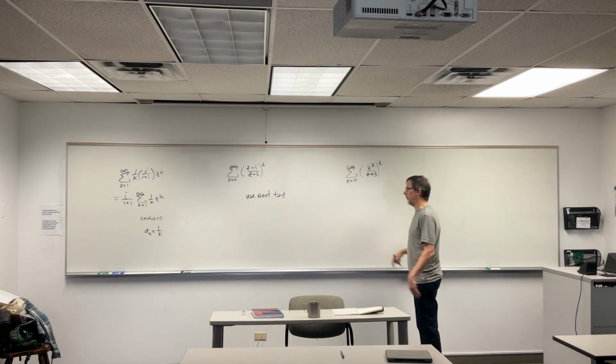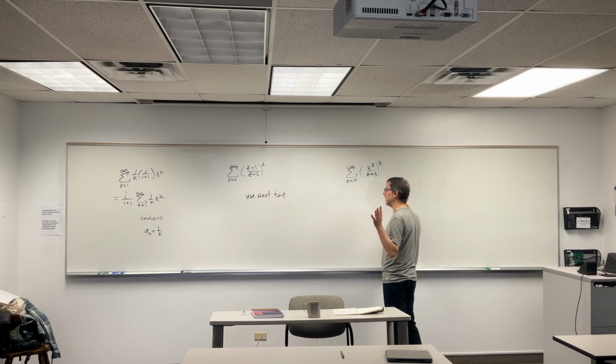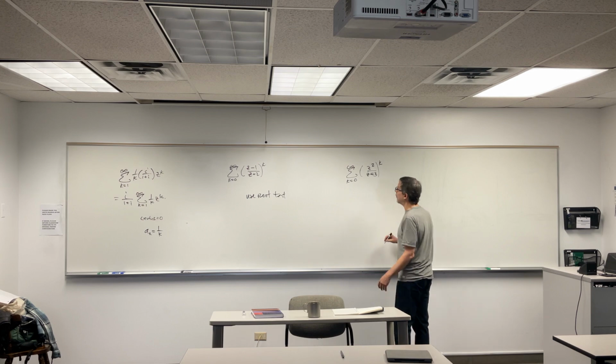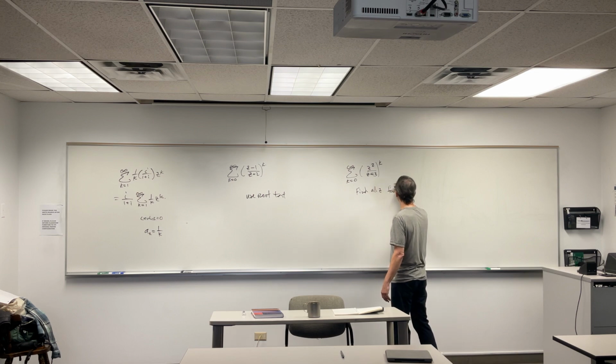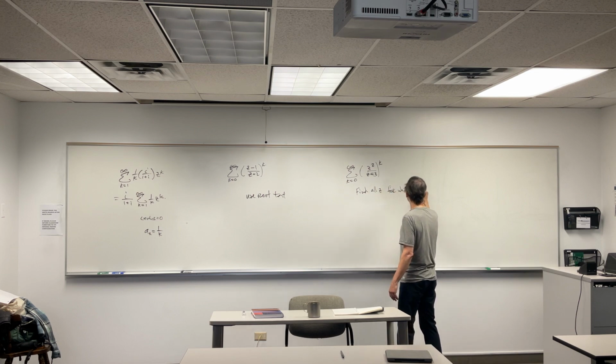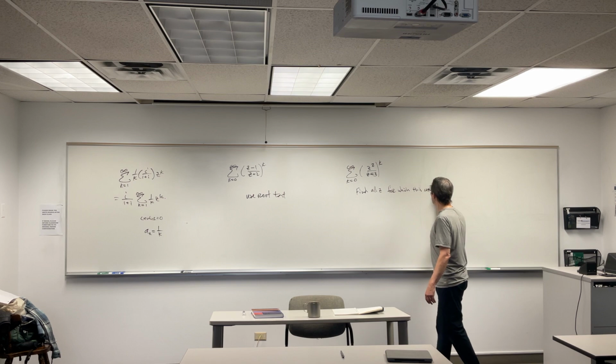Find the circle of convergence, the disk of convergence, or it might not even be a disk. I'm honestly not quite sure, but find all z for which this converges.